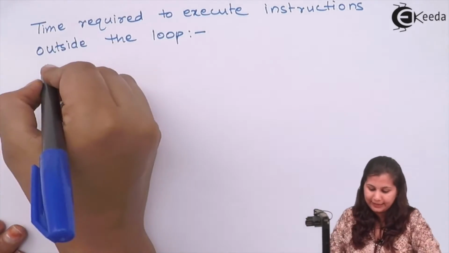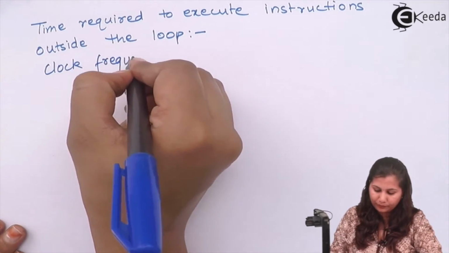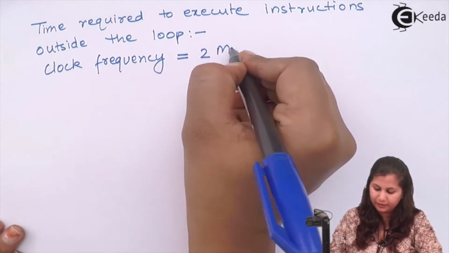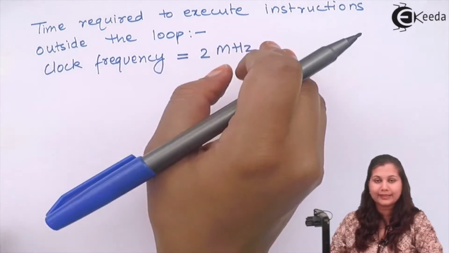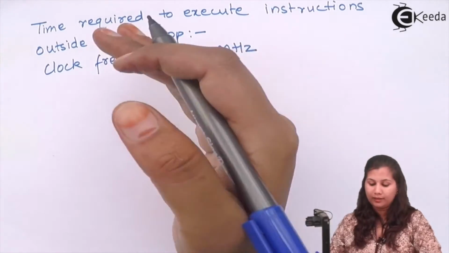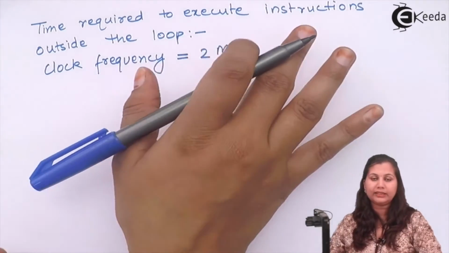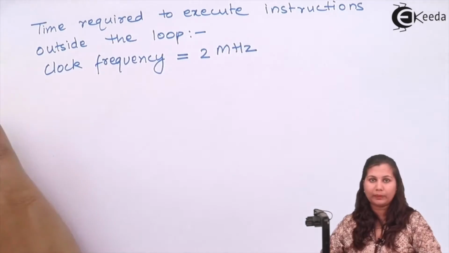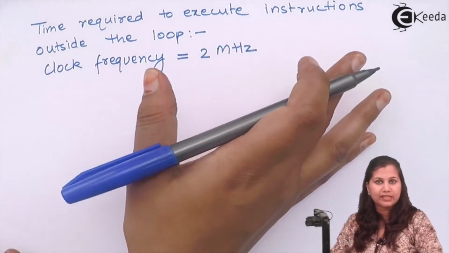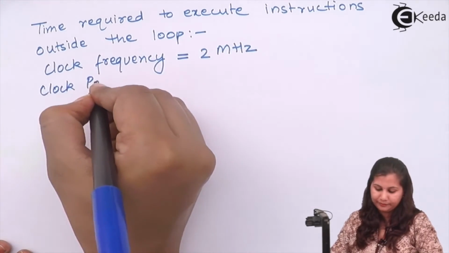First, suppose I am taking the clock frequency as 2 megahertz. This can be given to you in the questions related to time delay calculations. If it is not given, then you can take the standard clock frequency of 8085. Here we are given that the clock frequency is 2 megahertz, so we can calculate the clock period.